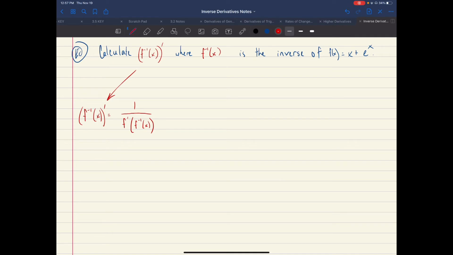Okay, some functions you can't actually solve for the inverse first. So this one was asking for, actually made a little mistake there, it's asking for f inverse of 1.